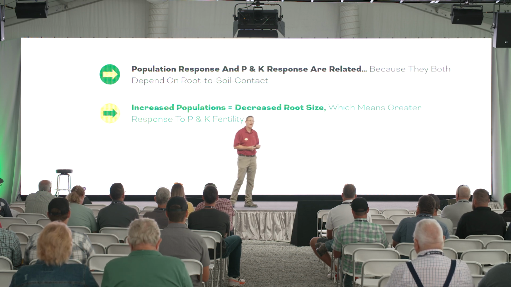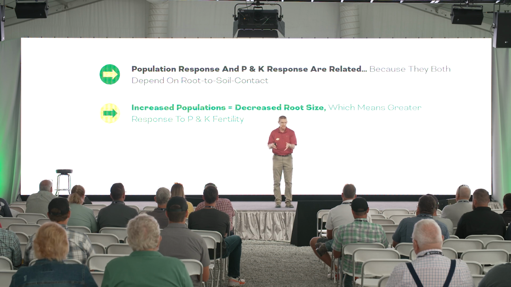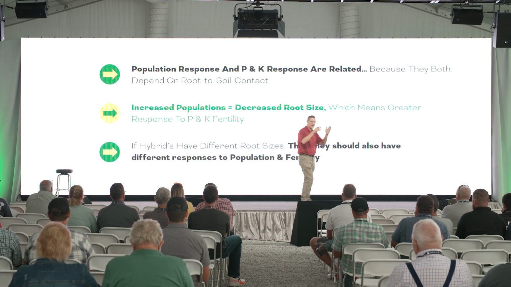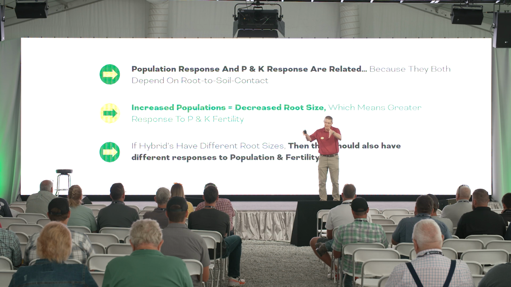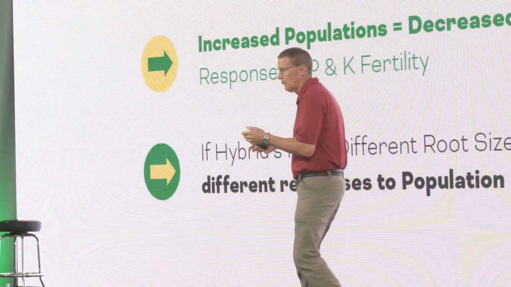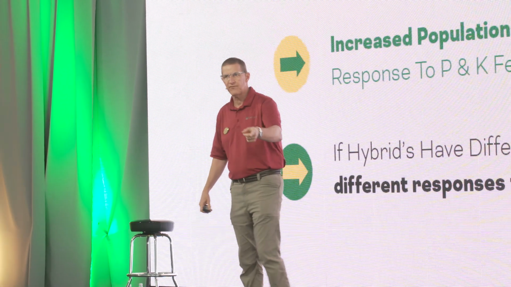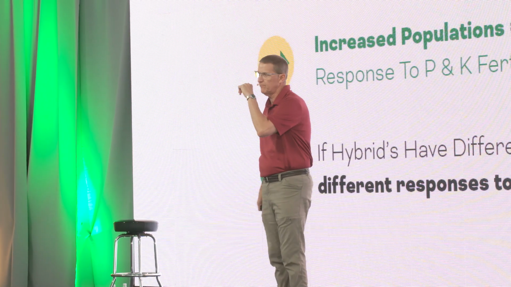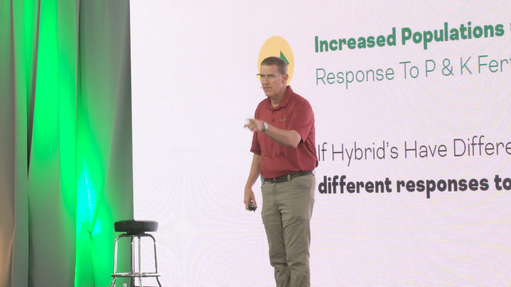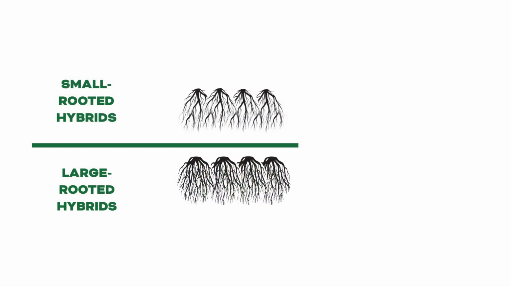He also knew that as we increase population, root size decreases, and fertility, especially P and K, needs to be a little closer to the roots. And we know that hybrid root sizes are different. Could we see differentiated responses from hybrids to P and K placement? That was a theory that he had.